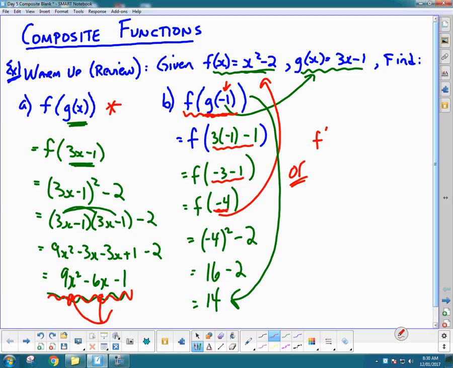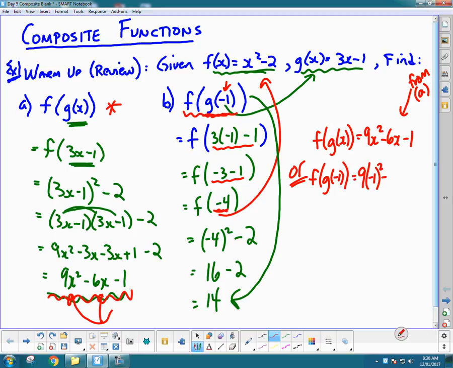So since we already know f of g at x equals 9x squared minus 6x minus 1, we know that from A. If we were to find f at g at negative 1, we can plug that right into this function. And hopefully we'll get the same 14 answer.